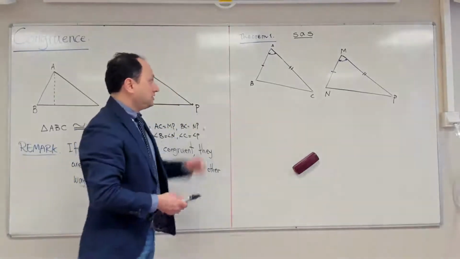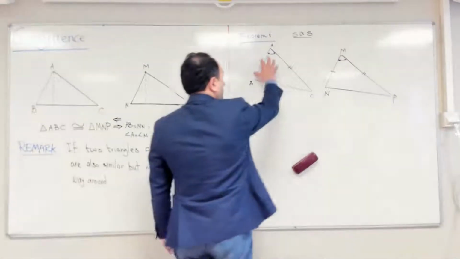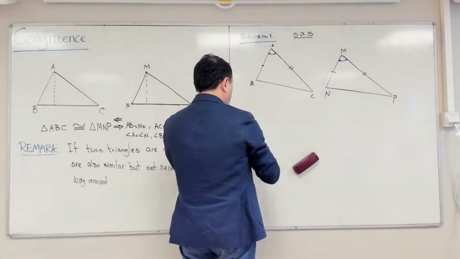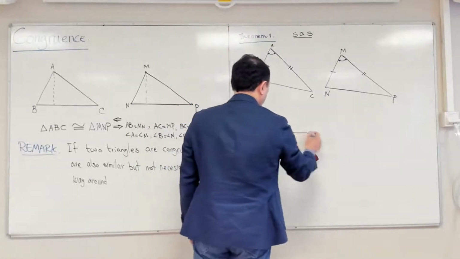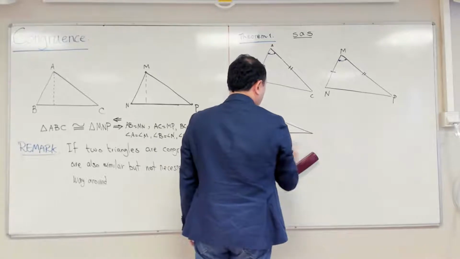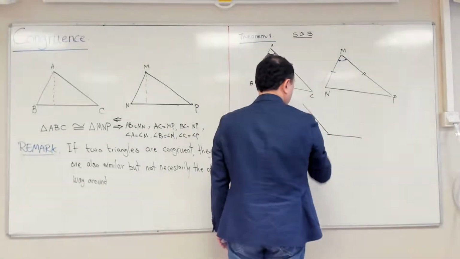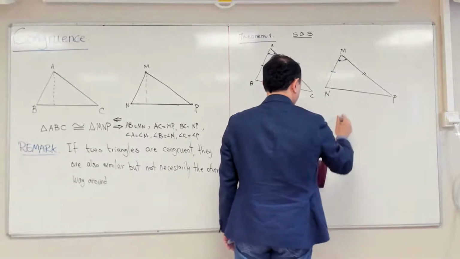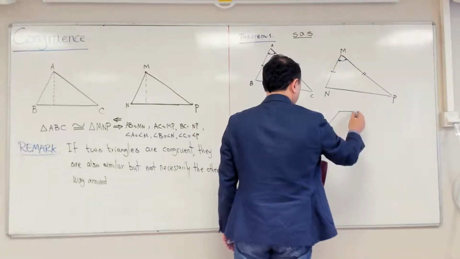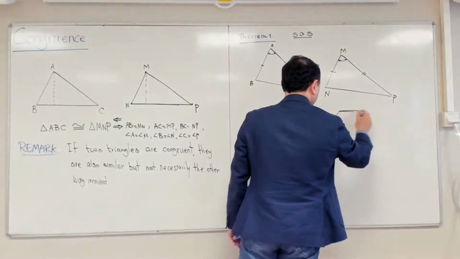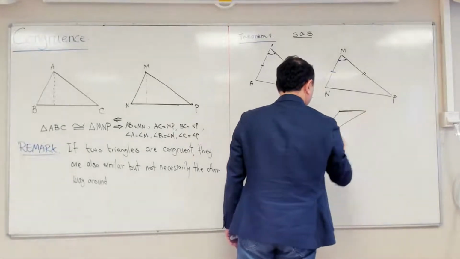And of course, this is not only this one, any two legs. For example, let me consider this. If someone tells me that I have two triangles here, let me draw it the other way around this time. Drawing it is a little bit hard, but let us assume this case.